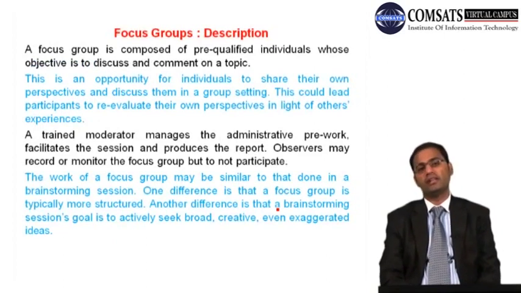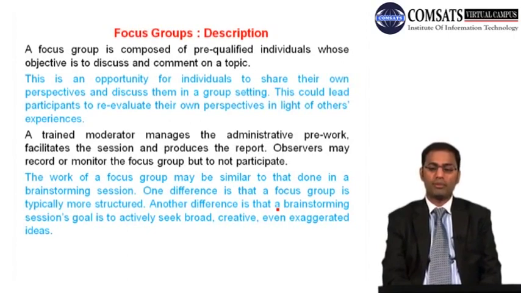And then another technique which we have been using is focus groups. Now a focus group is composed of pre-qualified individuals whose objective is to discuss and comment on a topic. This is an opportunity for individuals to share their own ideas and perspectives and discuss them in a group setting.